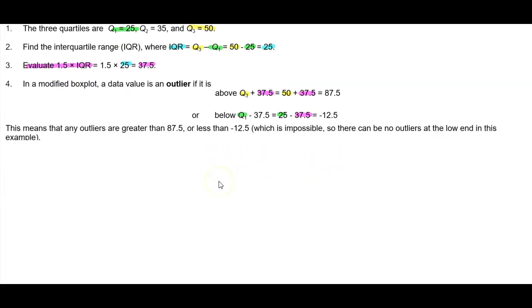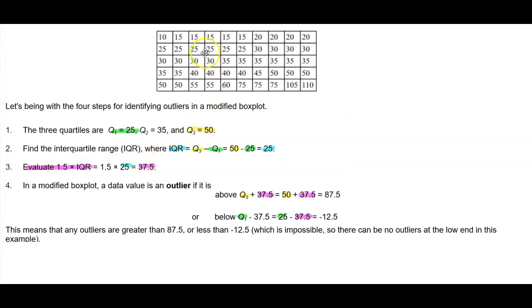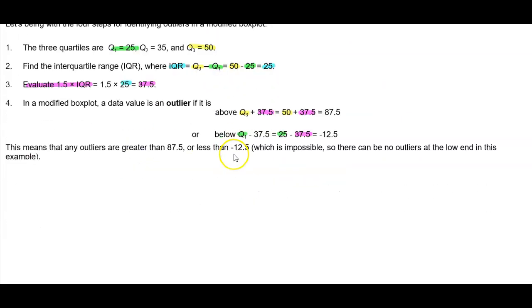So let's take a look at the box plot. Again, this means that any outliers are greater than 87.5 or less than negative 12.5. The negative 12.5 would be impossible because there are no outliers at the low end in this example, because we don't have any numbers that are negative.